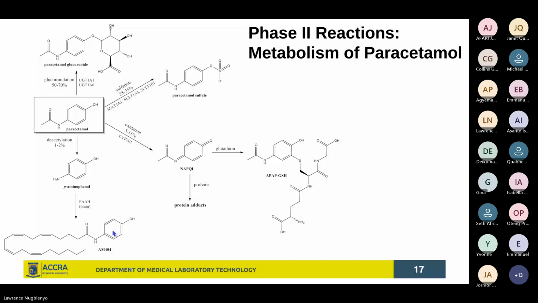Actually, this compound, AM404, is what is responsible for about all or most of the therapeutic effects, which is the analgesic effect of paracetamol. These are conjugates with the fatty acid, arachidonic acid, which you see here below. So it's another common example of a common drug which is undergoing various metabolic pathways, biotransformation.